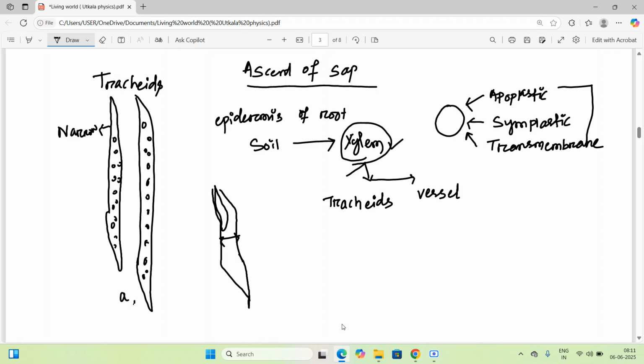This is A, and this is B. These are the pits.